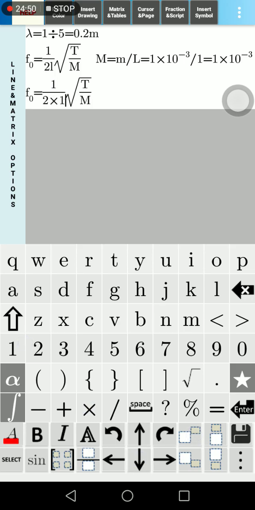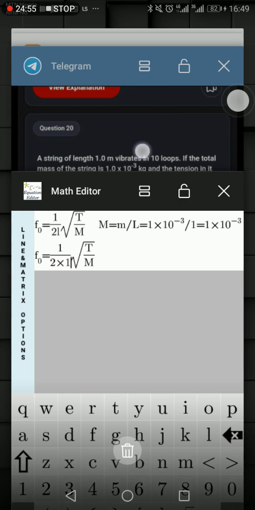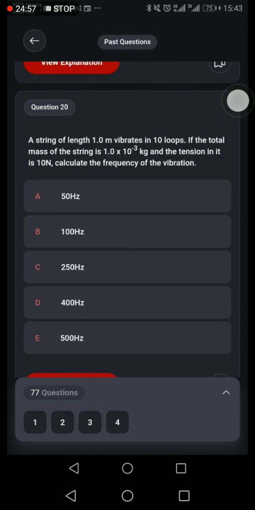What did they ask me to find? Calculate the frequency of the vibration. They did not say to calculate the fundamental frequency.